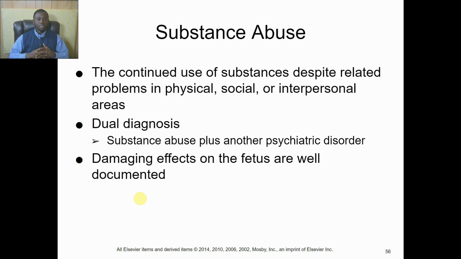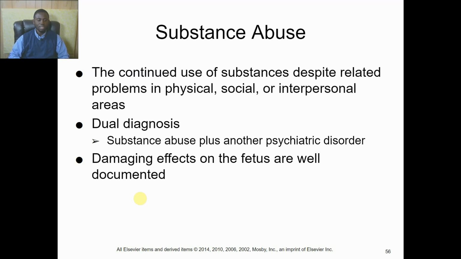Then one other issue that complicates pregnancies, especially in rural areas, is substance abuse. The continual use of substances despite related problems in physical, social, or interpersonal areas is what is known as substance abuse.